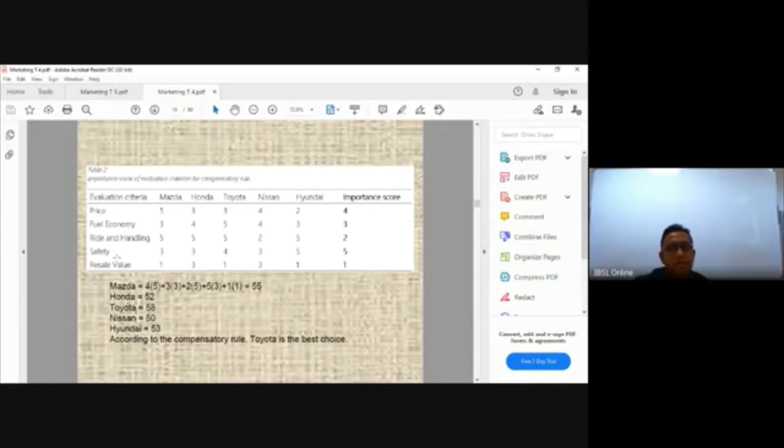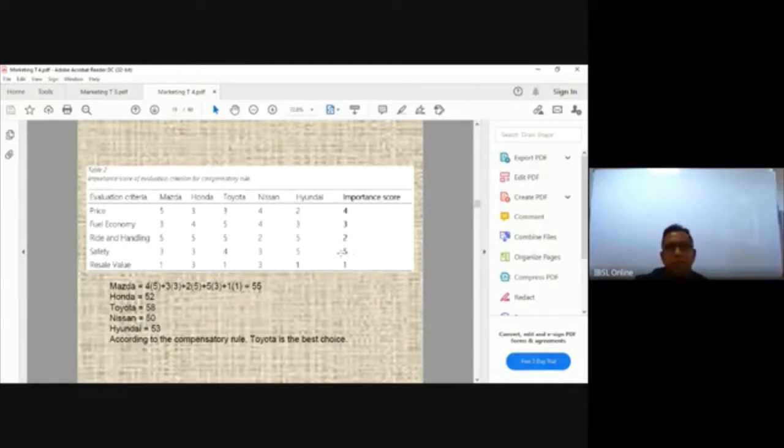So these are the scores, and every criteria there's a weightage, right? When you buy a car, according to this weightage list, the highest weightage has been given to, sorry, the safety.